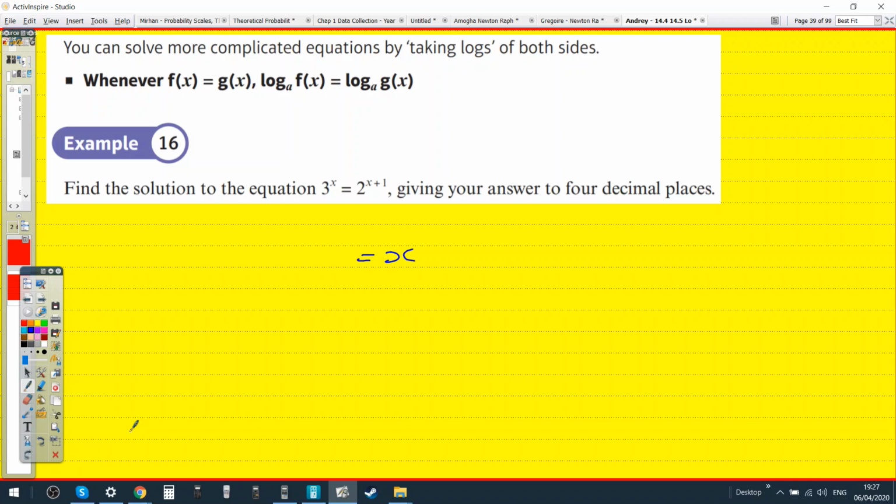Just keep pressing equals. Is it still doing it? Yeah. That's alright.